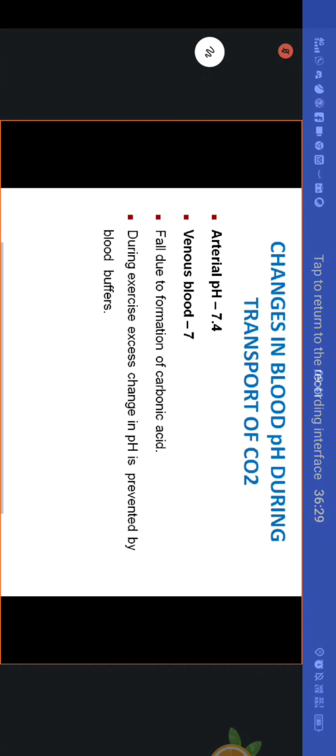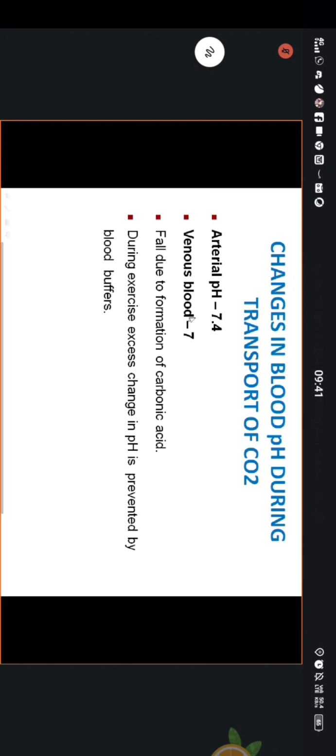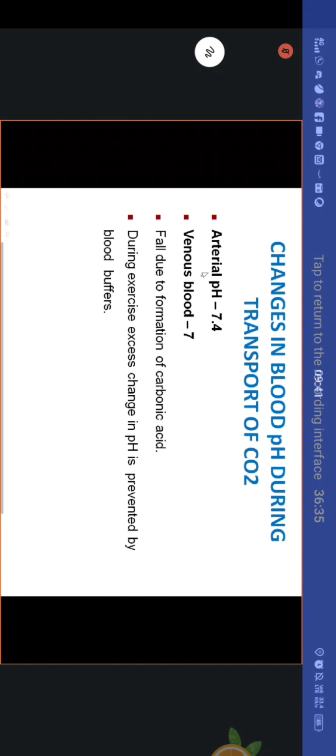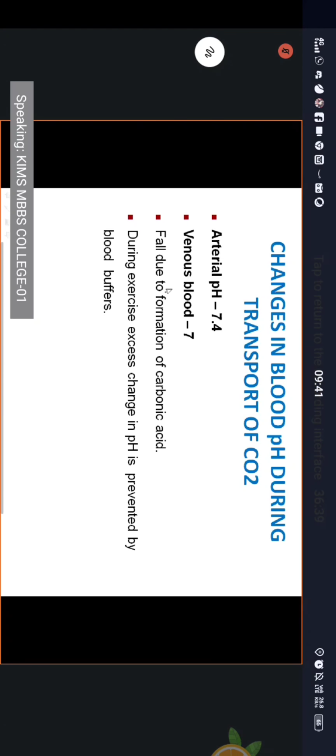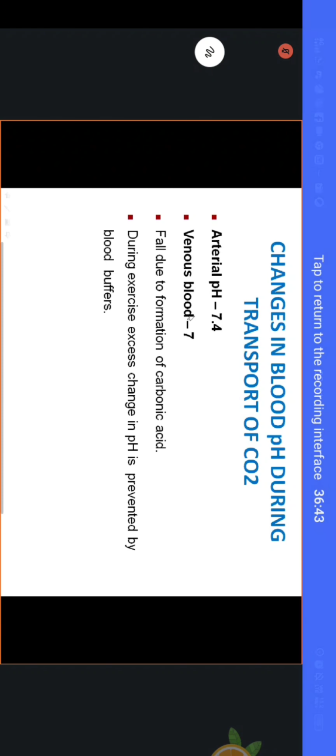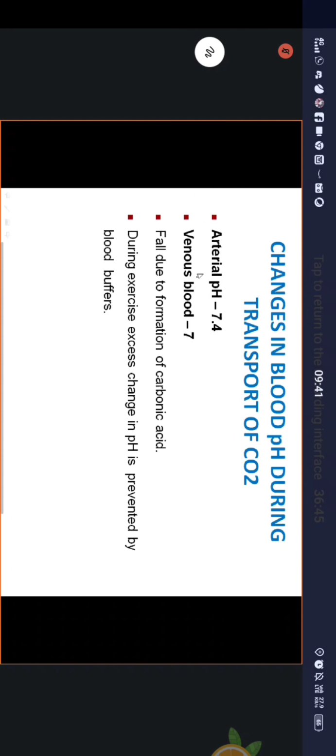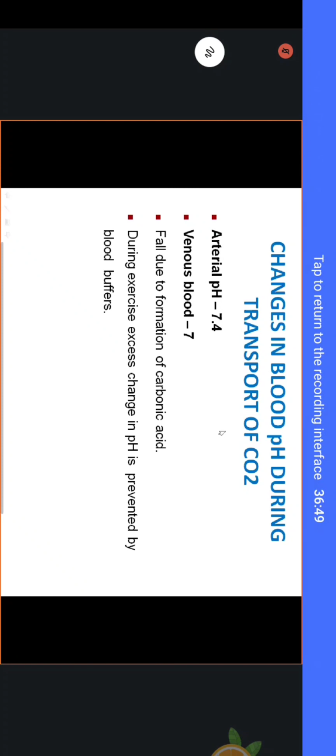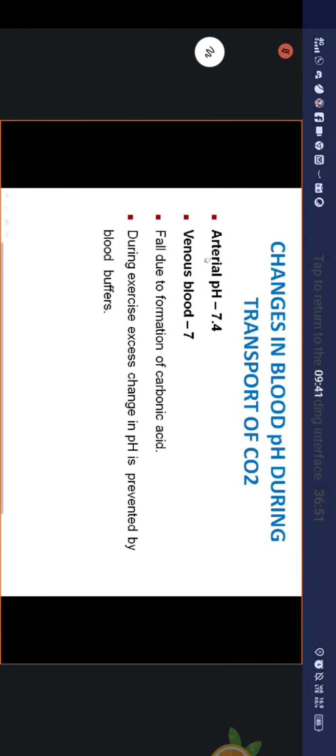So what will happen to any pH changes? Usually the pH of the arterial blood is 7.4. Arterial blood on reaching the tissues, through capillaries, becomes venous blood. While flowing through the tissues, more carbon dioxide gets accumulated in the blood.